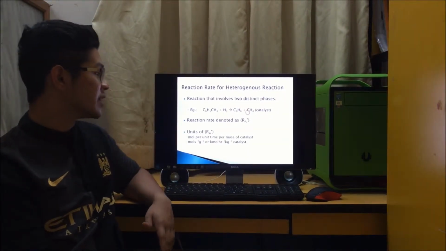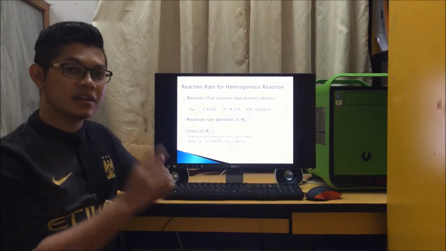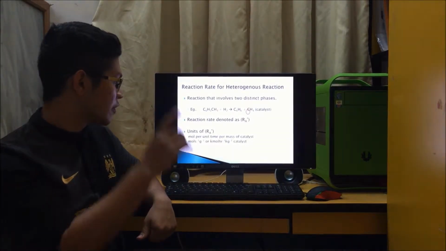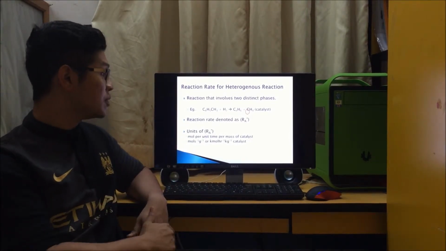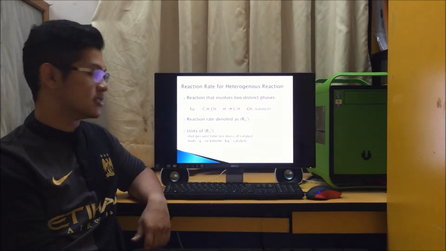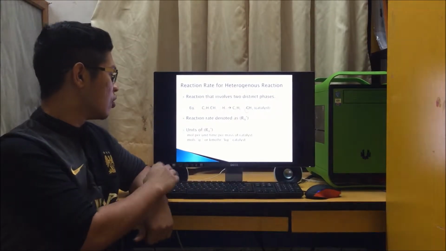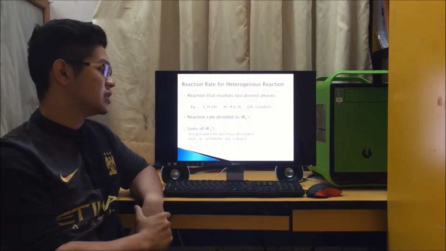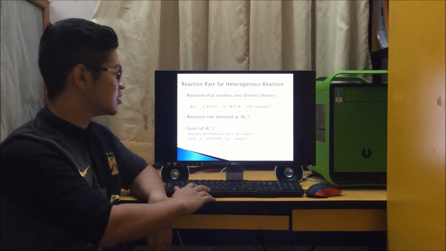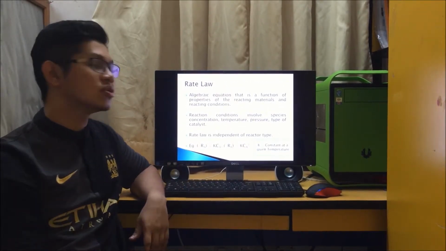Reaction rate is denoted as RA' with apostrophe. Unit of RA' is mole per unit time per mass of catalyst, which is mol/s·g or kmol/hr·kg catalyst. So we move on to rate law.